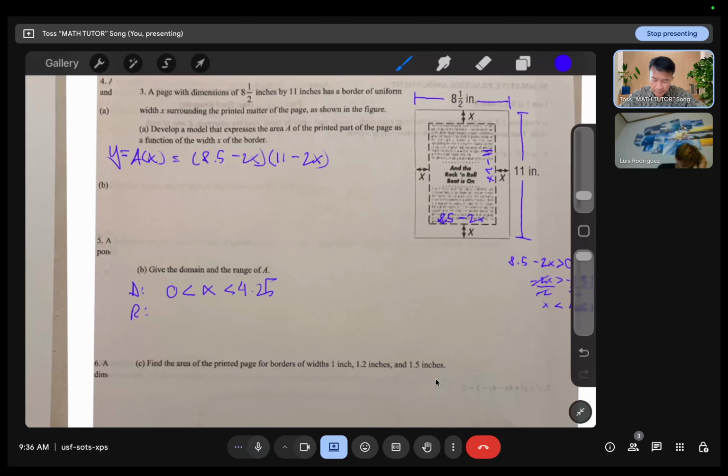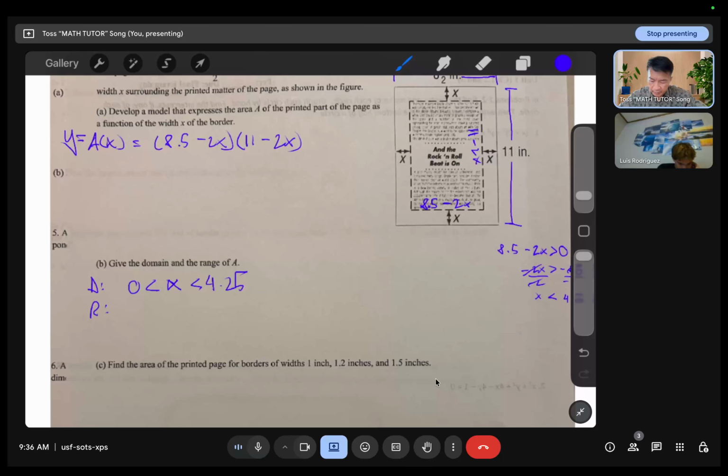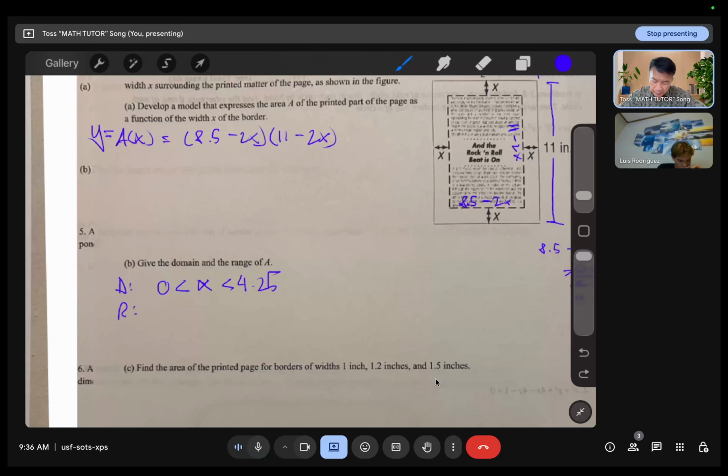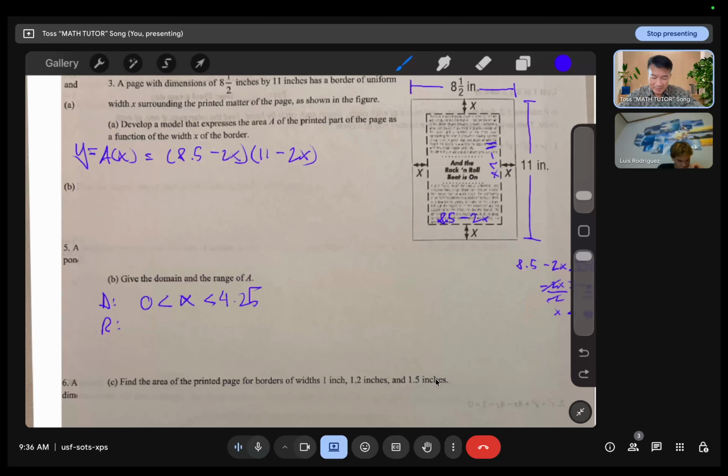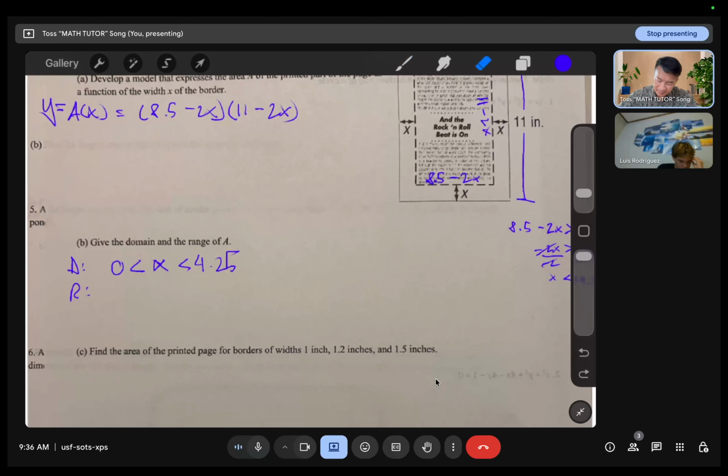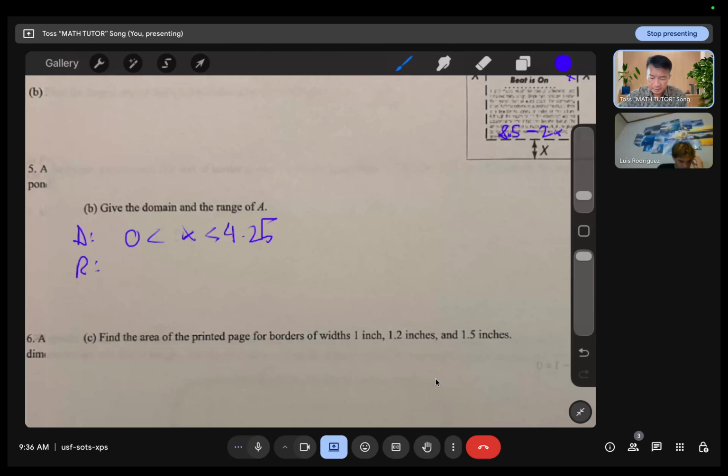Okay, now what about the bar stuff? Here's the thing, I'll try to explain. Let me be neat here first. Now, do I include 0?